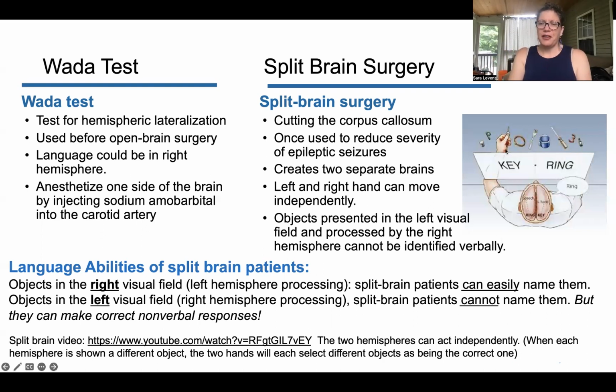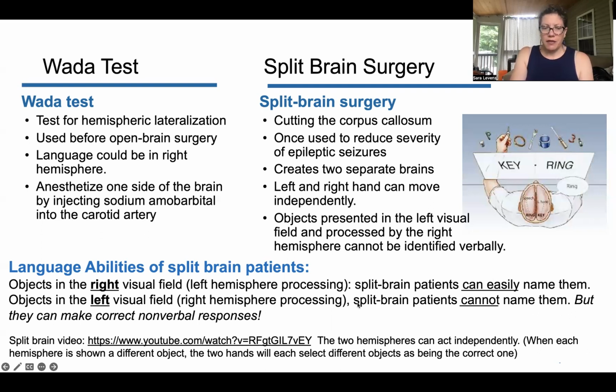There's been a lot of really interesting research on split brain patients, and they learn to communicate between the two sides of the brain, sometimes by saying things out loud so the other side can hear it, since they can't really talk to themselves inside, and other times with hand movements. Regarding language abilities, objects in the right visual field are processed by the left hemisphere, so split brain patients can easily name them.